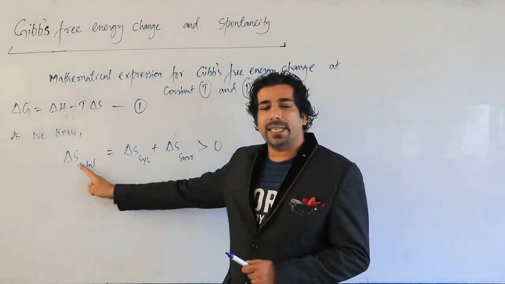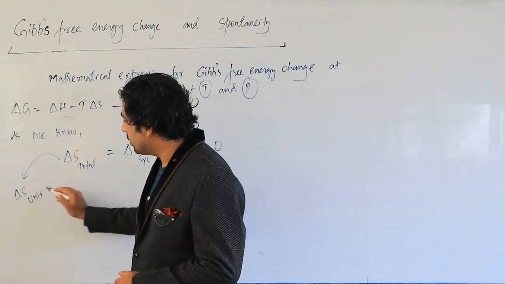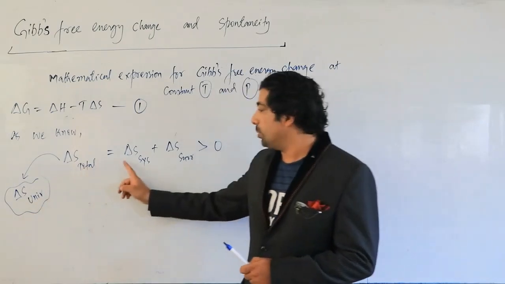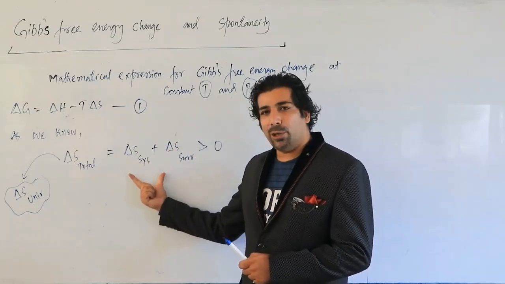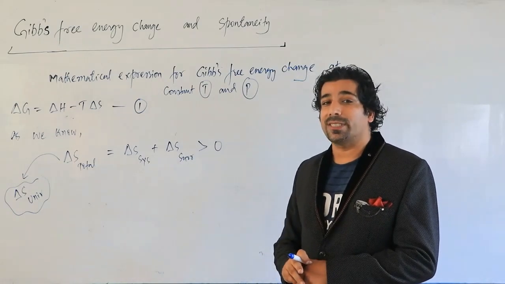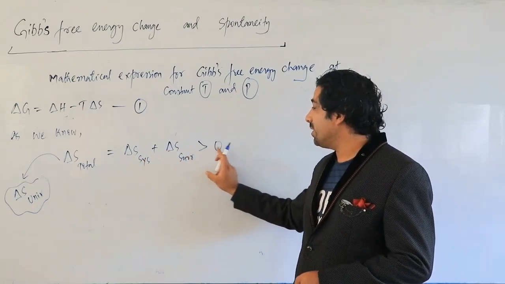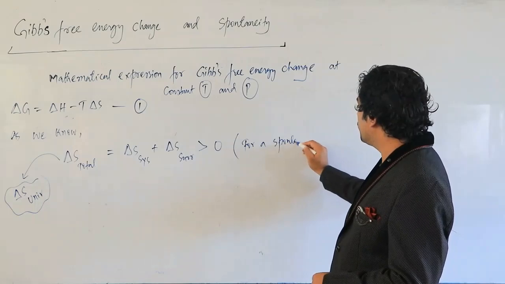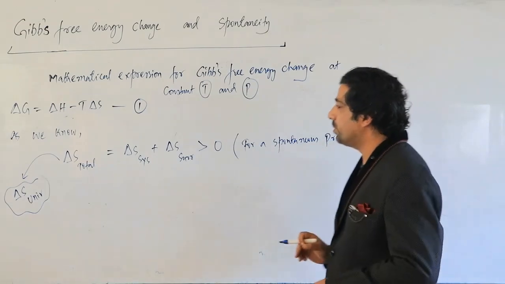This is the entropy change of the universe, the sum of the entropies of system and surroundings. If the value is greater than 0, it is for a spontaneous process or reaction.